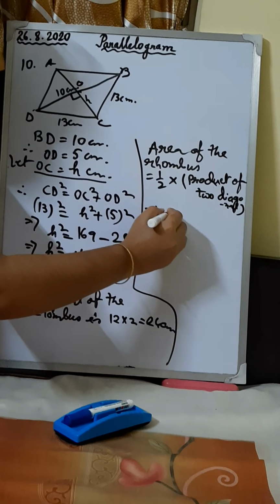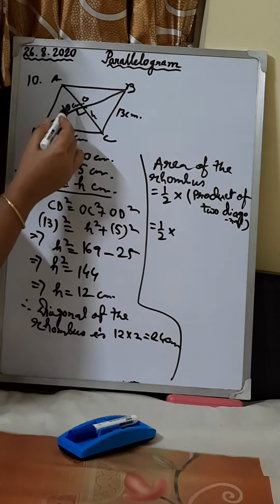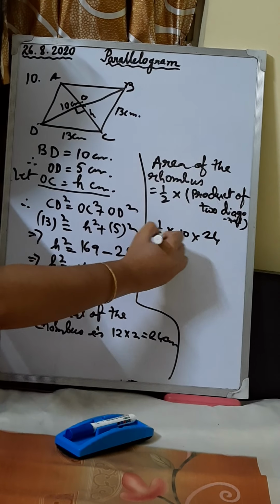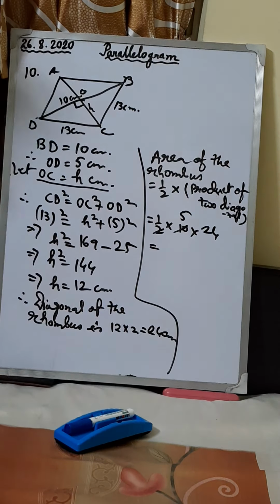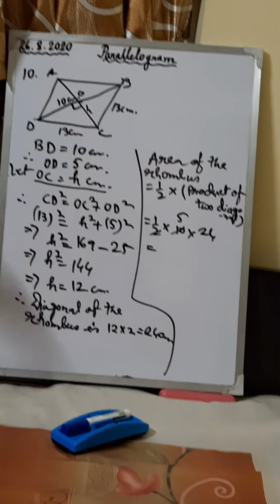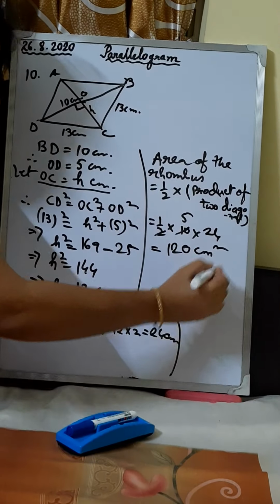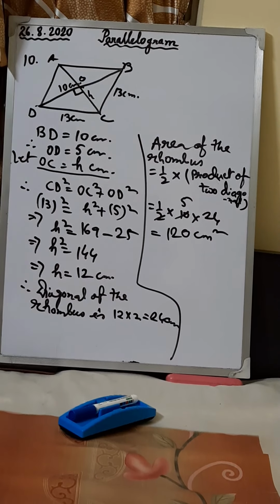So half into product of two, one diagonal length is 10 and another one is 24. So 5 into 24 equals 120 centimeter square. This is your required answer.